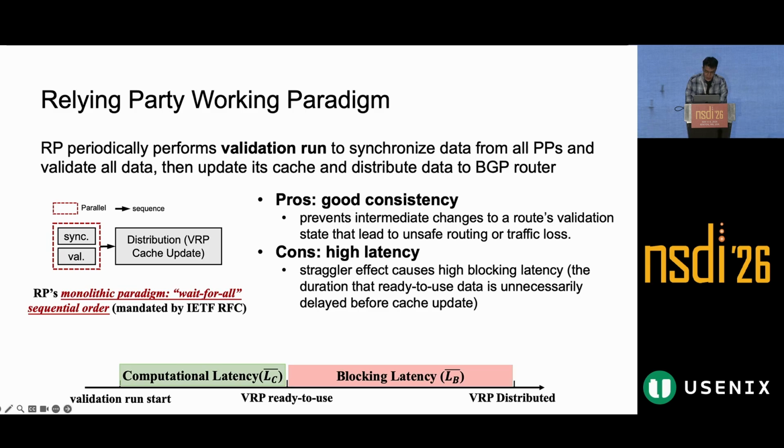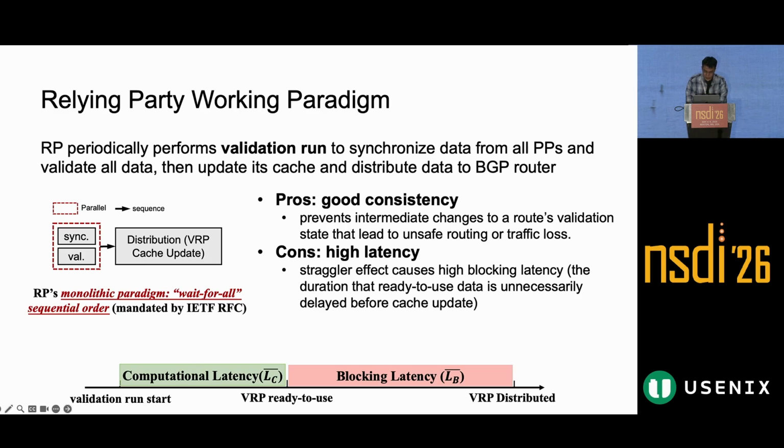In a validation run, the relying party works in a wait-for-all sequential order, which is mandated by the IETF standard. An RP must synchronize and validate all global RPKI data before it can update its VRP cache and distribute any updates to routers. While this ensures strict routing consistency, it suffers heavily from the straggler effect.